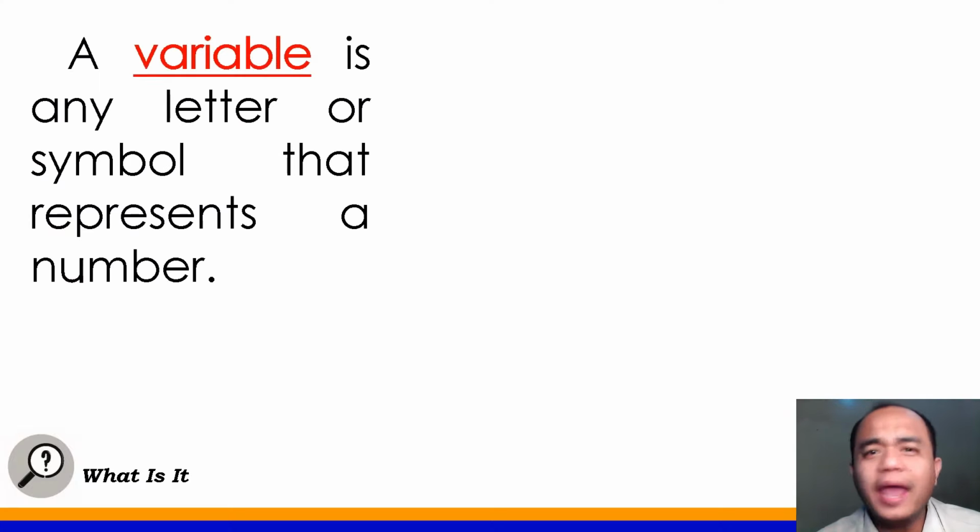Again, to solve the mathematical problem given, we will use variable. This variable will be used to represent the unknown number. A variable is any letter or symbol that represent a number. So, ang variable ang ginagamit natin para mag-represent ng isang unknown number.